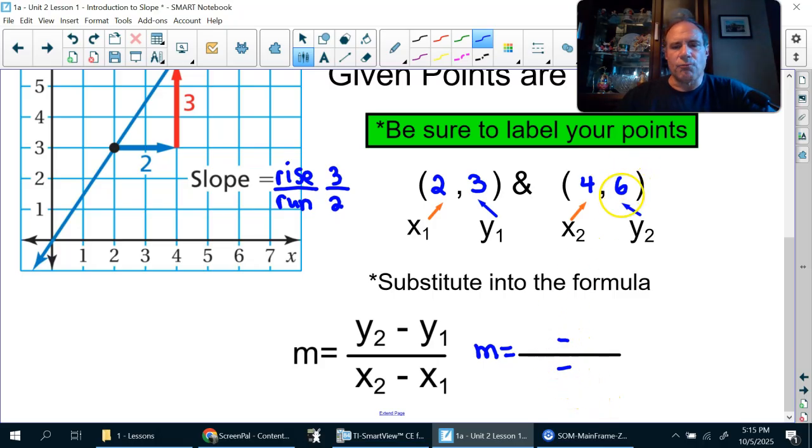So y2, 6 is y2, minus y1. We already have the minus sign, so we're just going to subtract. x2 is 4, minus x1 is 2. So the numerator on top is 6 minus 3 is 3, and then 4 minus 2 is 2.